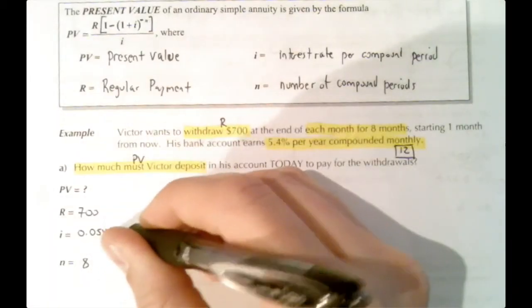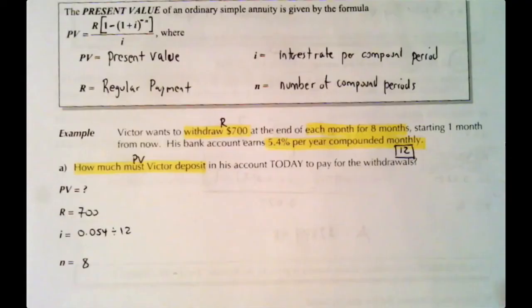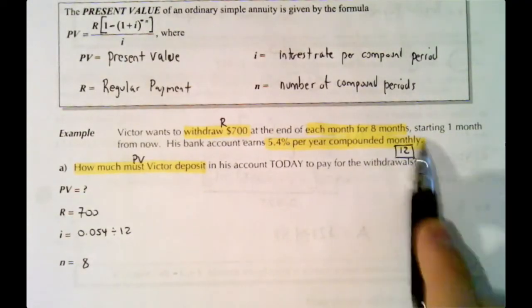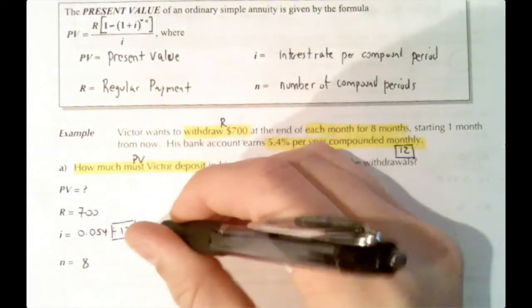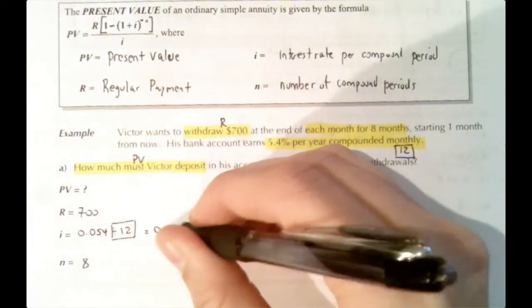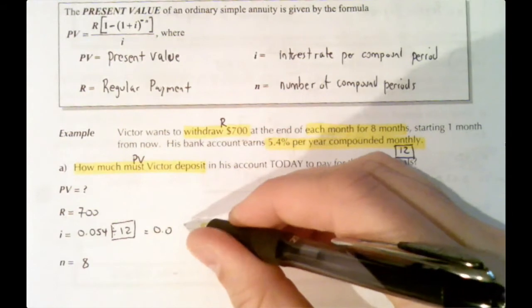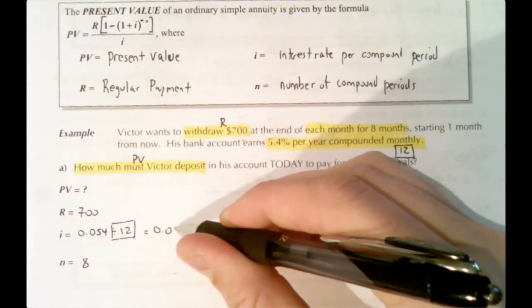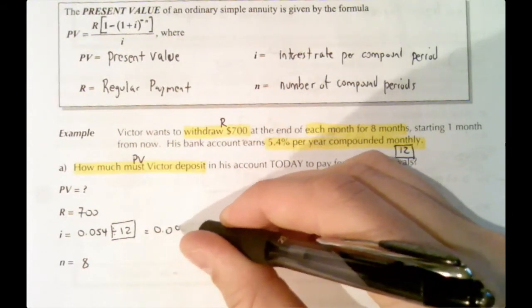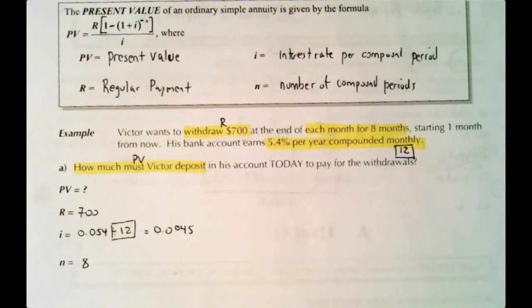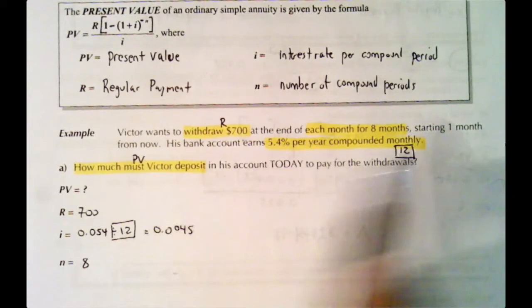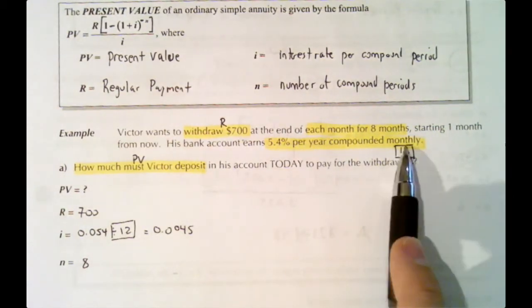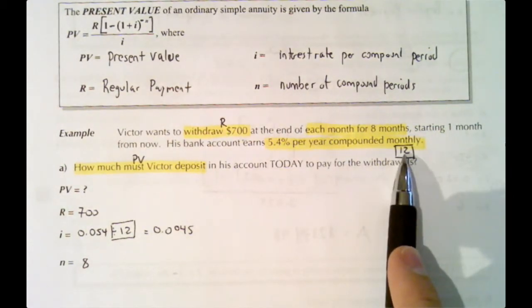So we must divide by 12. And that becomes the key to figuring out what I is. In any question where you have to find either A or PV, your first step is going to be to figure out what I is. And I is always whatever percent you're given divided by whatever the number is after compounded. If it's monthly, that number is 12.